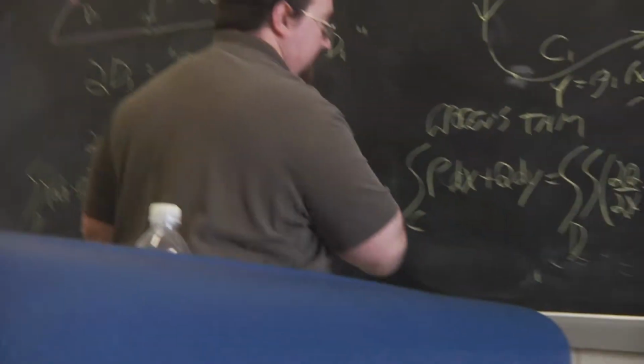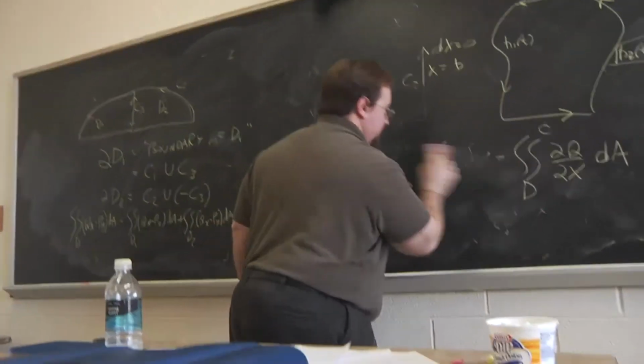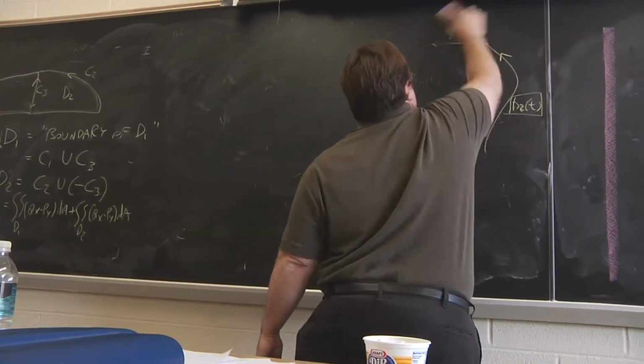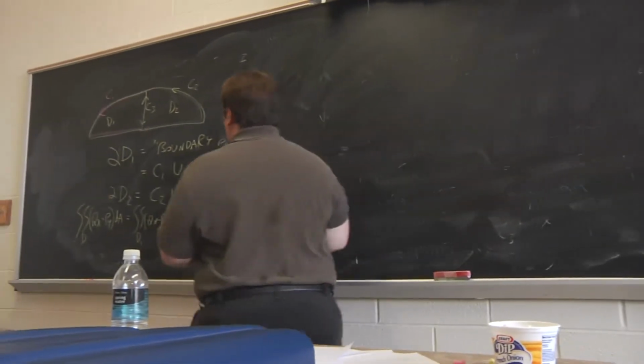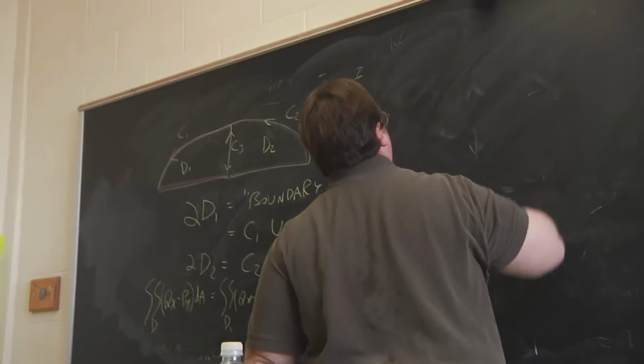Fortunately, it turns out not to be a problem. Because if we actually write out what that is, we'll use Green's theorem on each domain, D1 and D2.